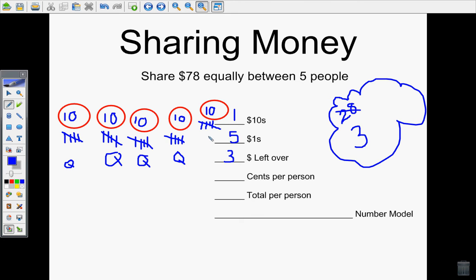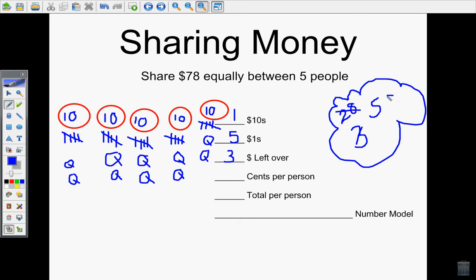I think I can go again. $1.25, $1.50, $1.75, $2, $2.25, $2.50. So far everyone's fair, they've gotten enough. I only have 50 cents left. I can't give more quarters, so I'm going to record that over here. We're down to 50 cents left.